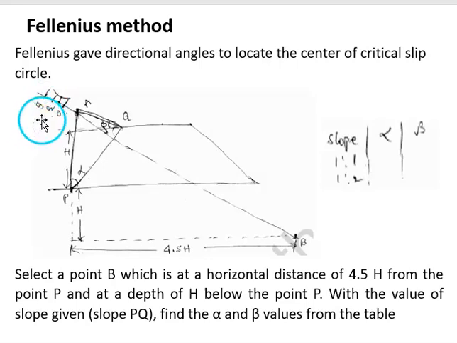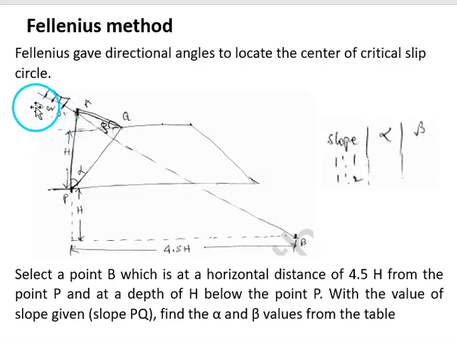Similarly, we repeat the procedure once again by taking O3 as center and performing the method of slices to get the factor of safety. Then by joining these three ordinates with a smooth curve, we get the curve of factor of safety. For this curve, we have to find the lowest point, and for that lowest point, we draw a perpendicular onto this extended line, so that we will find the critical slip circle.